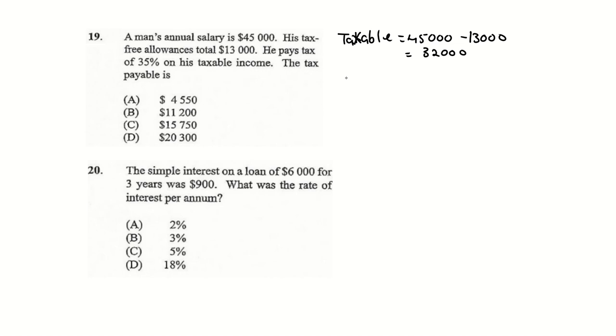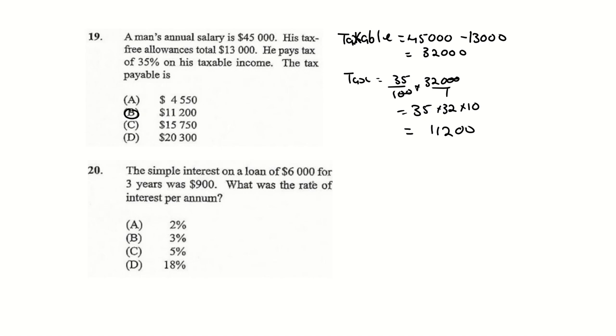The tax he pays would be 35% of 32,000, which is 35 multiplied by 32 multiplied by 10, because 320 is 32 by 10. When you multiply this, you are going to get an answer of 11,200. So the answer is B.